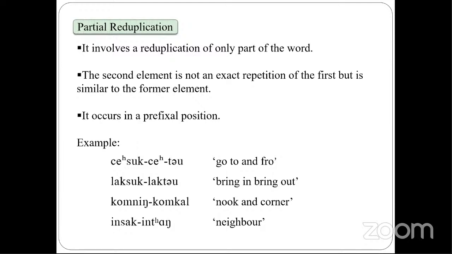For example, che suk che tau means to go to and fro. Here, che, the first element, is reduplicated, but the second element is different. Lak suk lak tau means bring in and bring out, or komning komkal means nook and corner, and insak intang is neighbor. Here, in is reduplicated, but sak and tang are different.